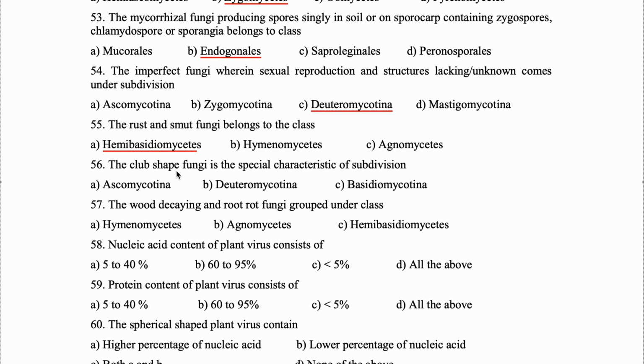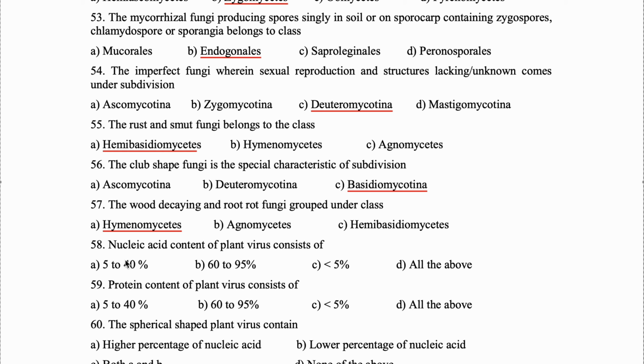The club-shaped fungi is the special characteristic of subdivision, again Basidiomycotina. Question 57. The wood decaying and root rot fungi are grouped under class, which one will it be? It is Hymenomycetes.